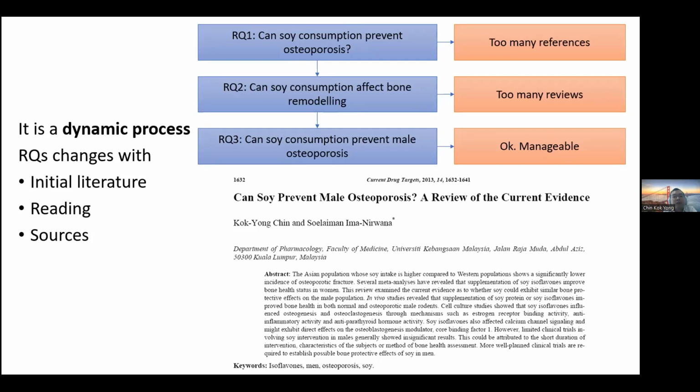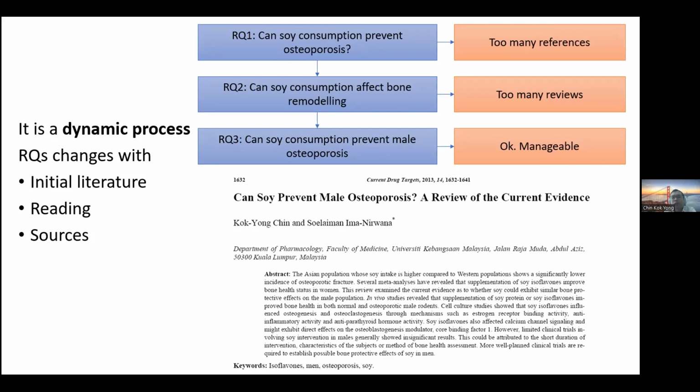It changes with initial search, reading, and looking at the number of sources that you have. I'll just give you an example. This is a review that I produced very early on, at the beginning of my postgraduate studies. I wanted to write something about soy consumption and bone health.